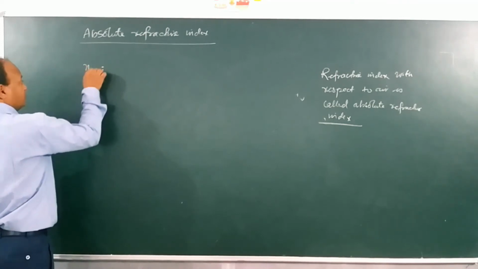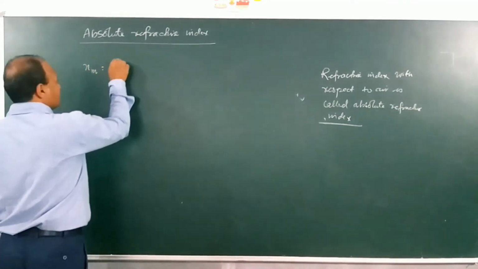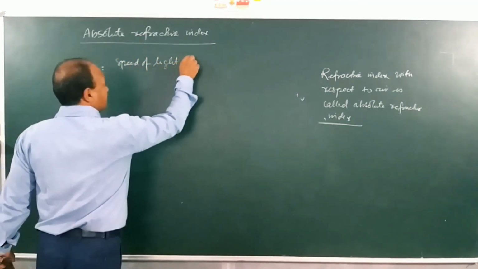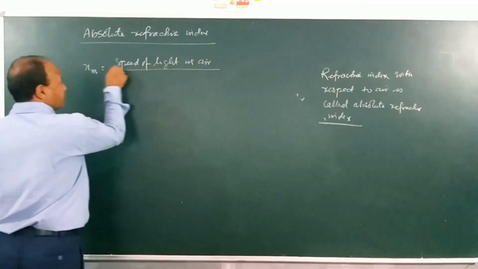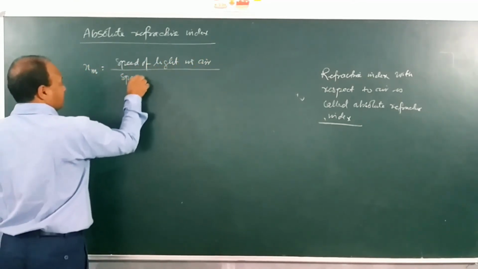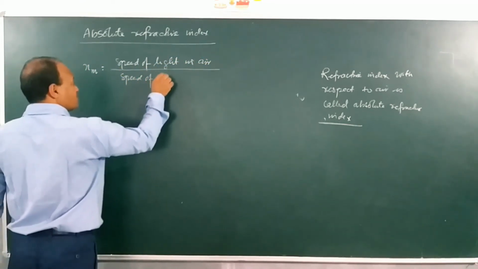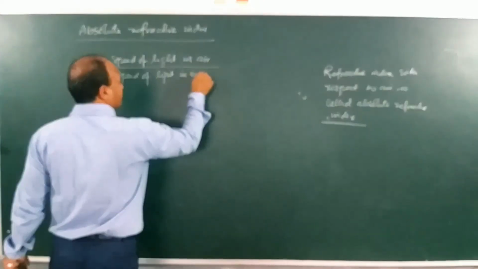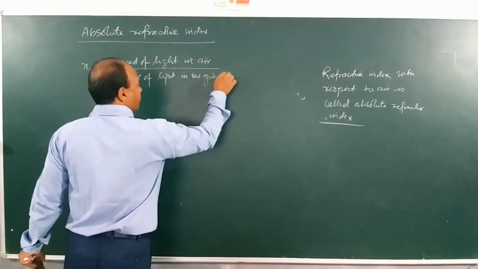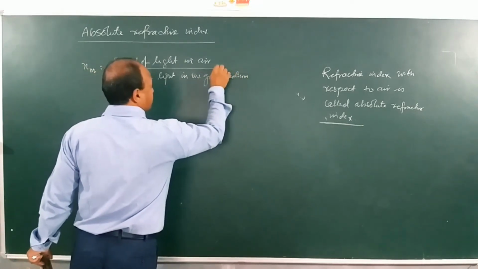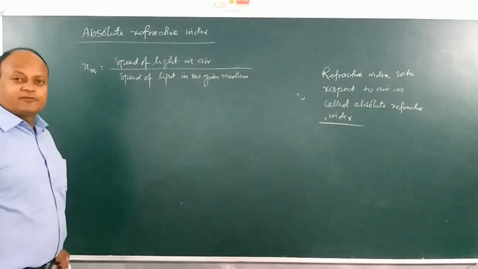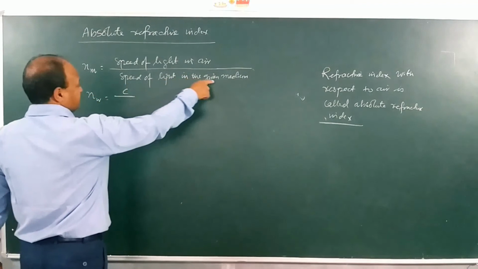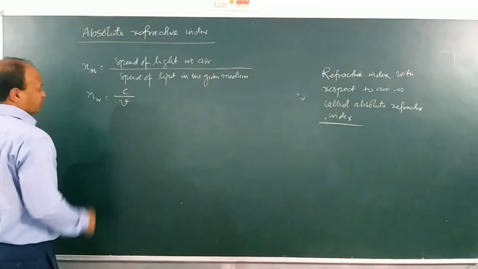Nm is equal to refractive index of medium is equal to speed of light in air divided by speed of light in the given medium. Speed of light in air is generally denoted by c. Speed of light in medium written as v. So this is one formula.